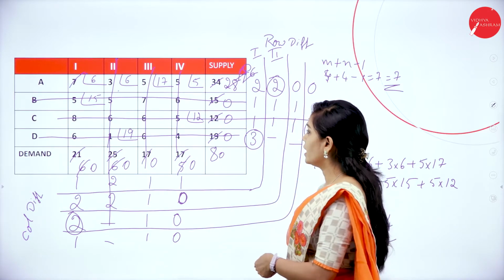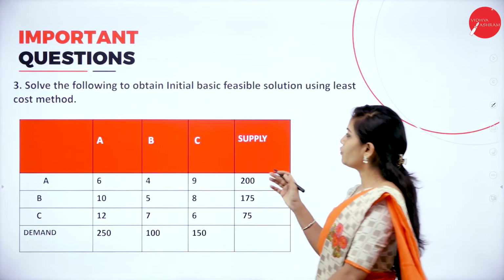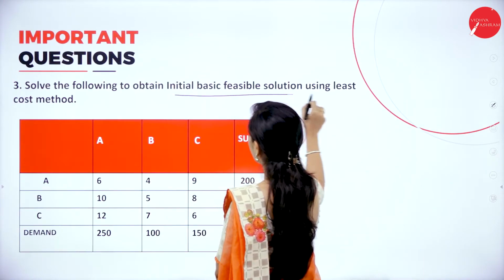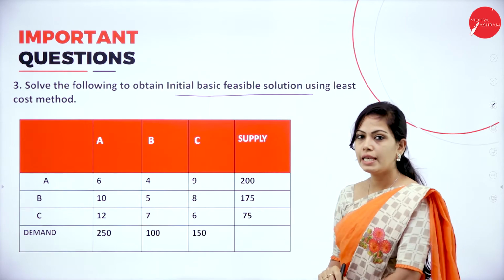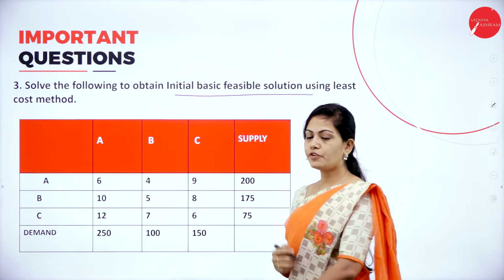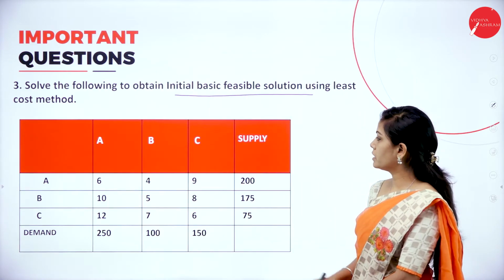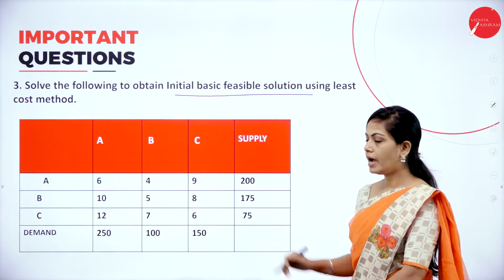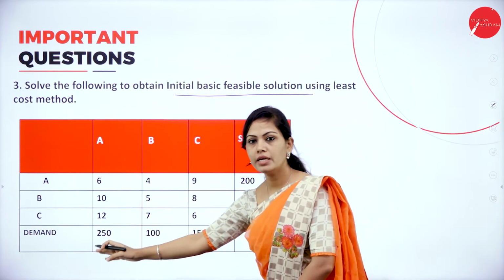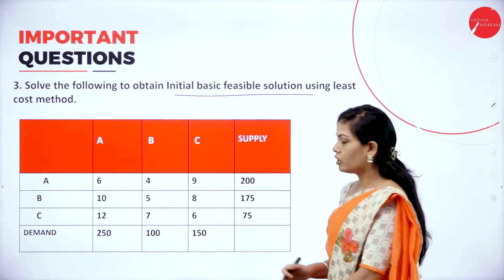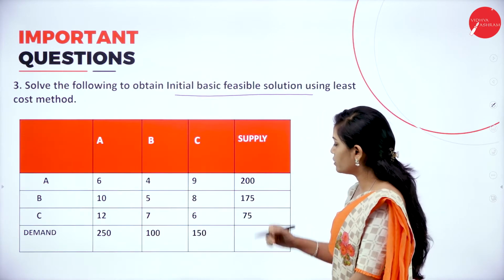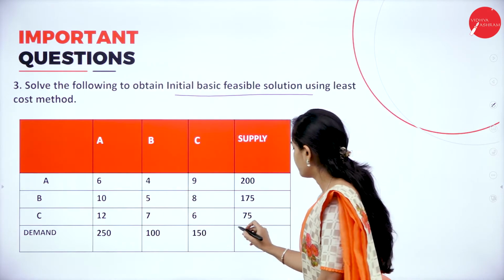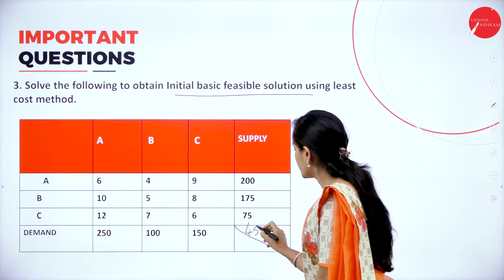And the next problem: solve the following to obtain the initial basic feasible solution using least cost method. So what is the first step for finding the least cost method? Just check whether it is a balanced problem or unbalanced. Add all the supply values and demand values. Add all the supply values 200, 175 and 75, it is 450.